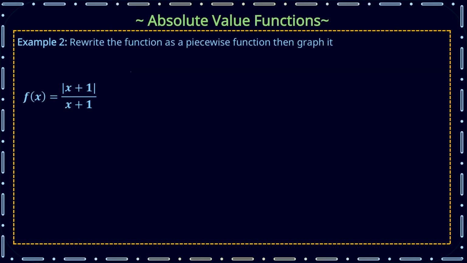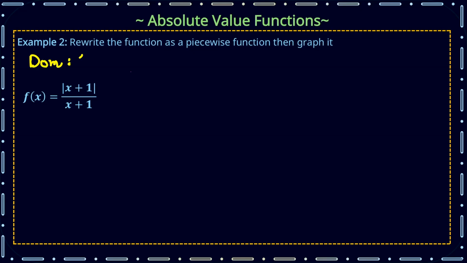This is a fraction involving absolute value. Since it's a fraction, it could be undefined. The domain of this function is not all reals. Notice that in the denominator we have x plus 1. Let's write out the domain of this function.